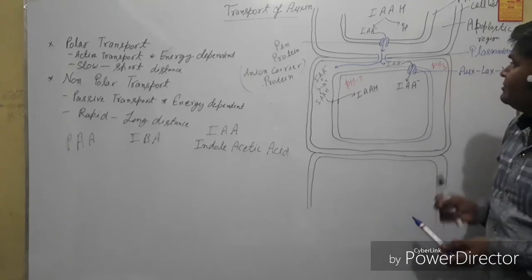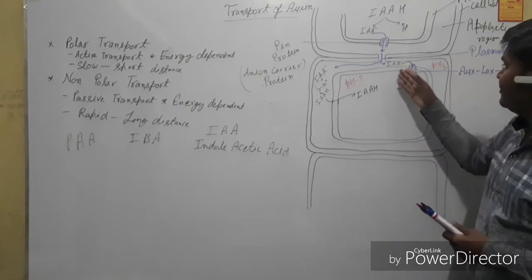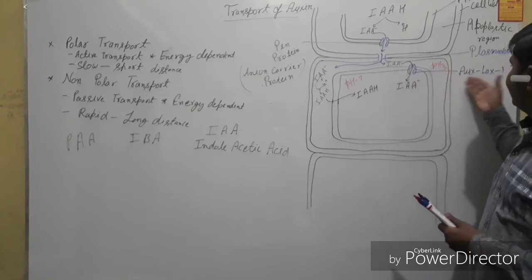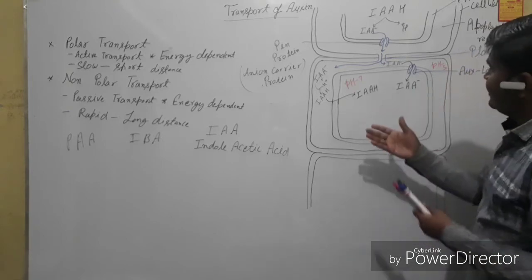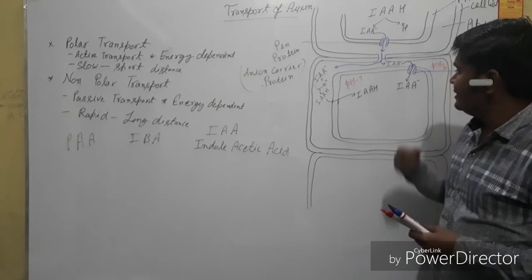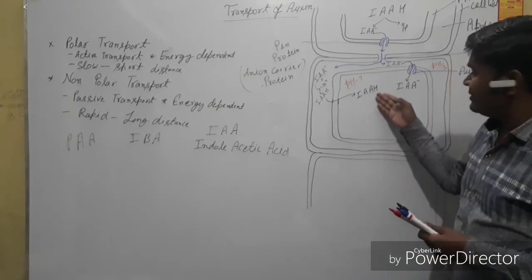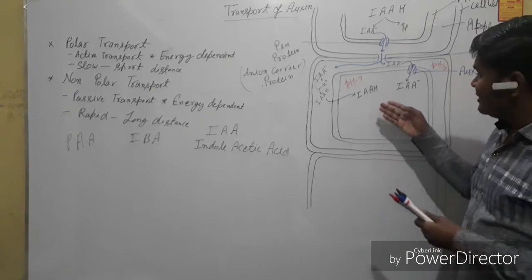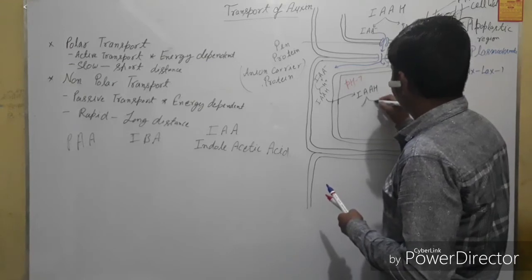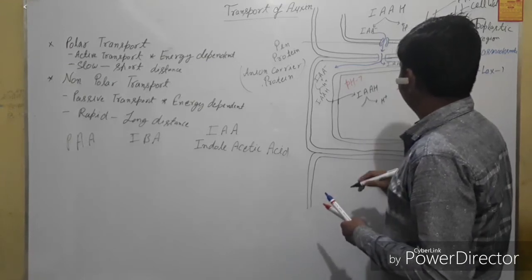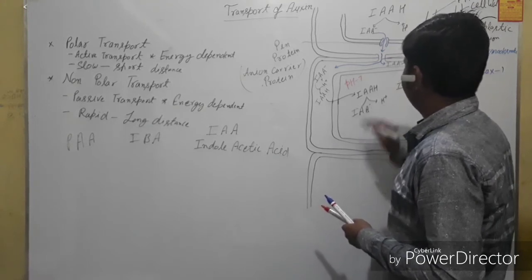But some IAA comes in free form with the help of the AUX-LAX1 protein. When auxin comes here, the rest of the auxin which is bound by the proton also separates. The hydrogen ion comes here and IAA is here.